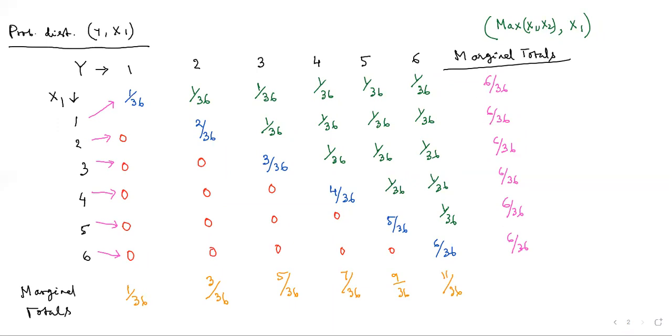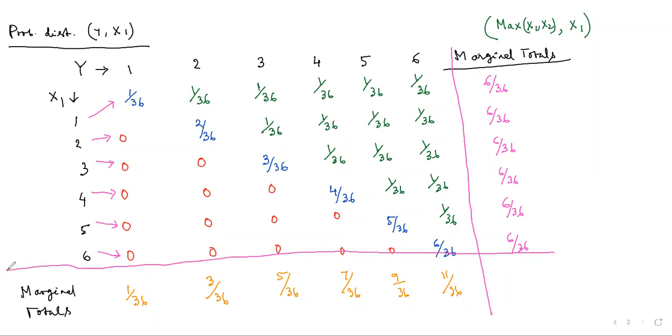Now, if I calculate the total of the marginal totals, taking these marginal totals which have come with respect to rows, you are going to find the total probability as 1. And here also, the total probability needs to come as 1.